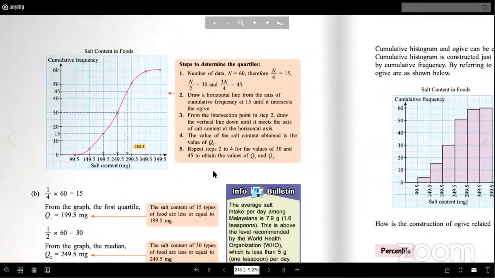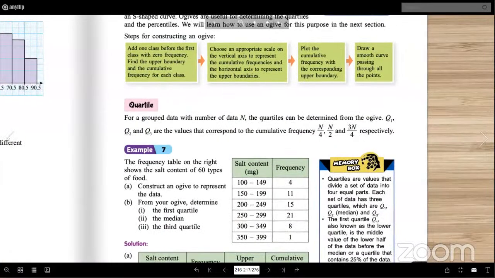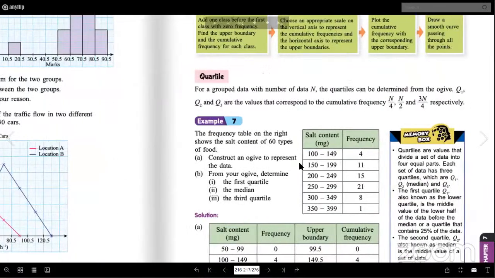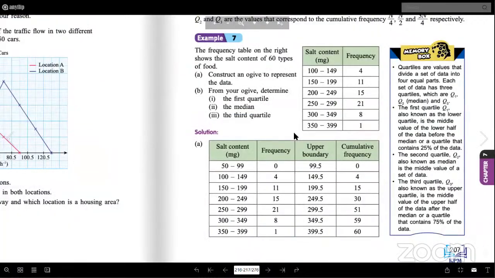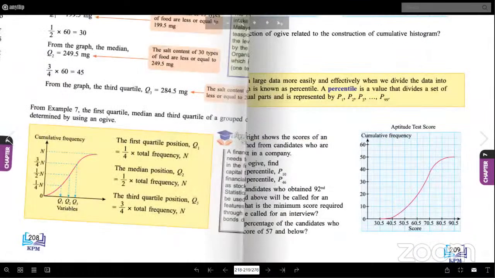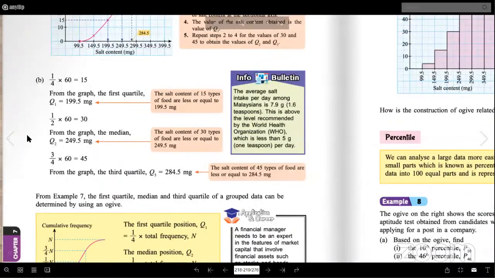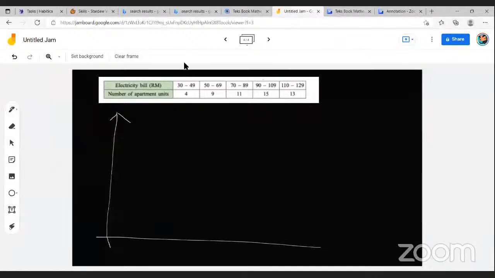So we go over here again. In the case of Ogai, make sure that your marker is always the upper boundary. Don't use lower boundary, don't use midpoint, always use upper boundary. So let's say we take an Ogai and we want to take the upper boundary.